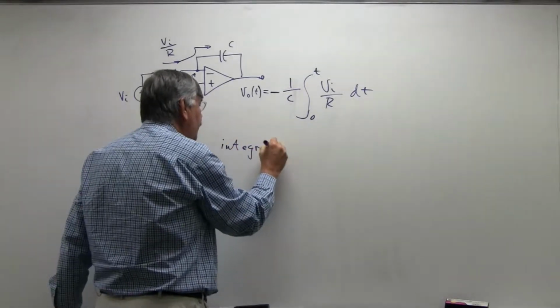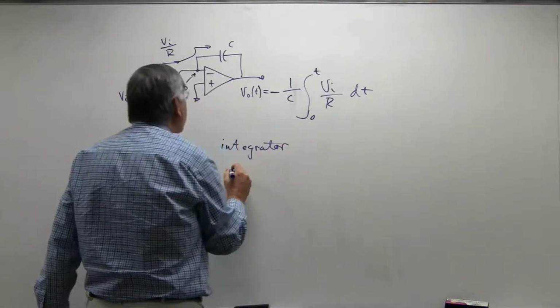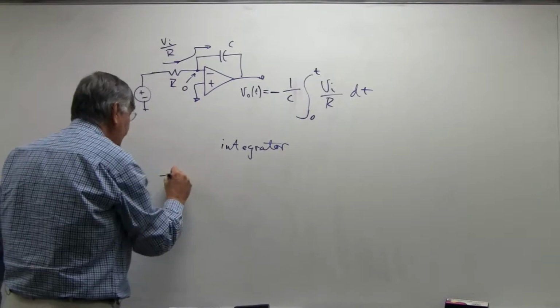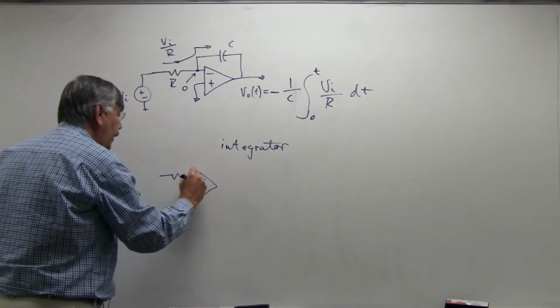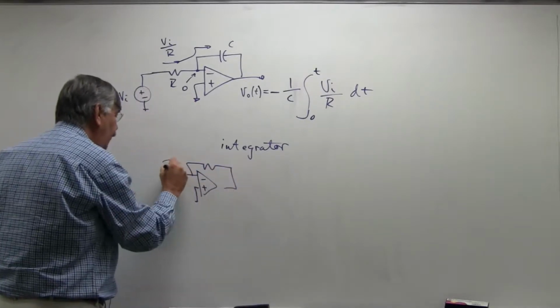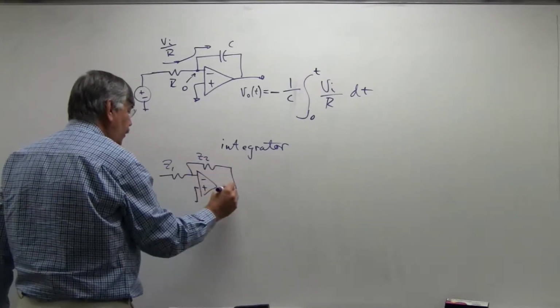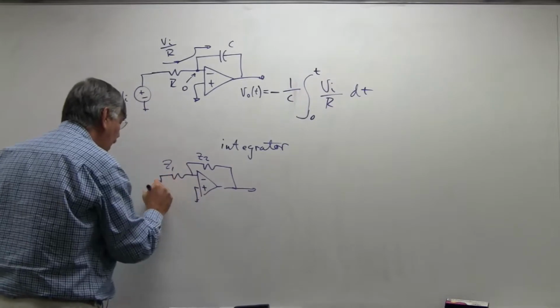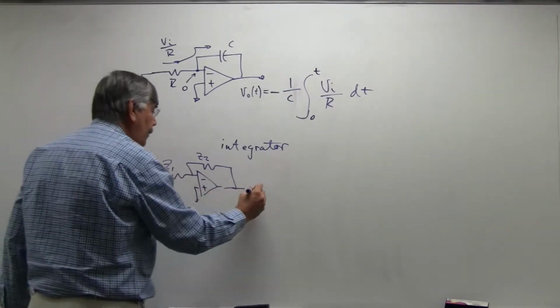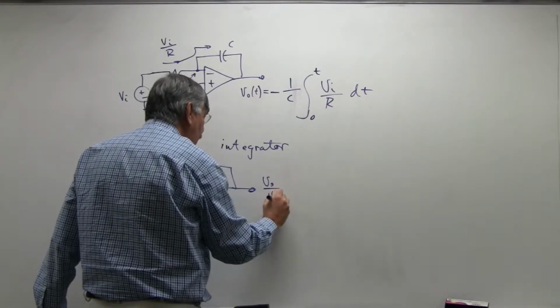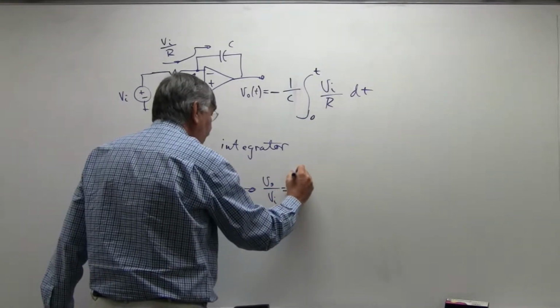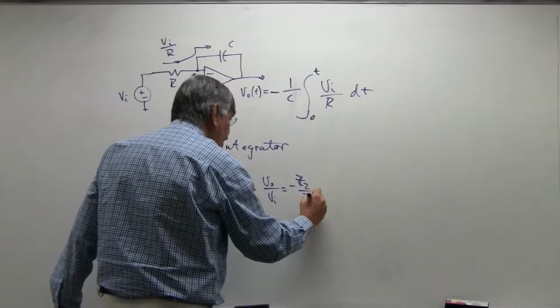We've been talking frequency domain. In the frequency domain, you can do this another way. What we typically say is, by the same analysis, if we have some Z1 and some Z2, then it can be shown that for this inverting op amp configuration, V out in the frequency domain over V in is equal to minus Z2 over Z1.